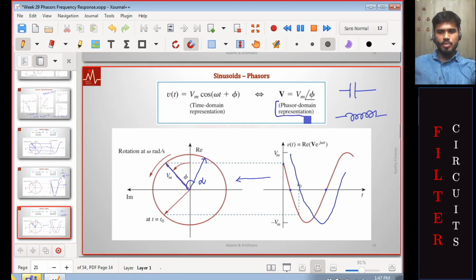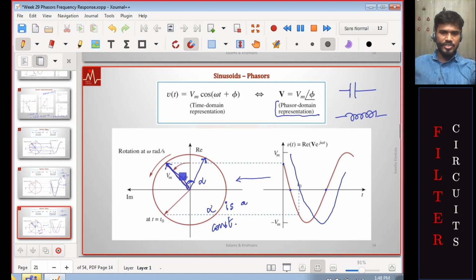What makes this phasor domain representation work is this. Voltage vector is this, current vector is this. The phase difference between the two vectors, alpha, is always a constant. That means you can completely forget that things are oscillating.